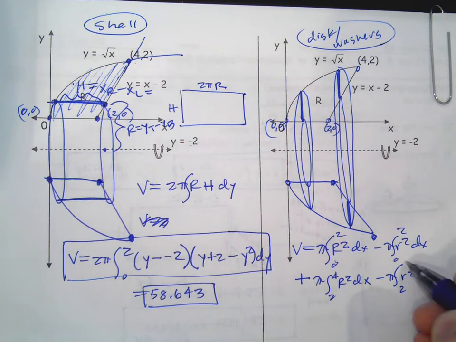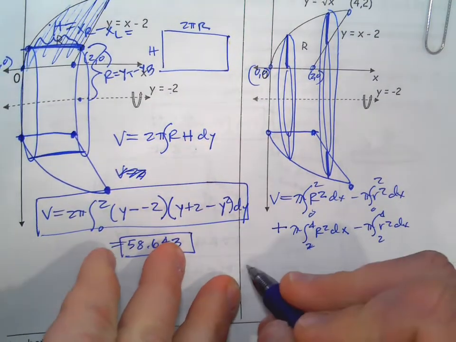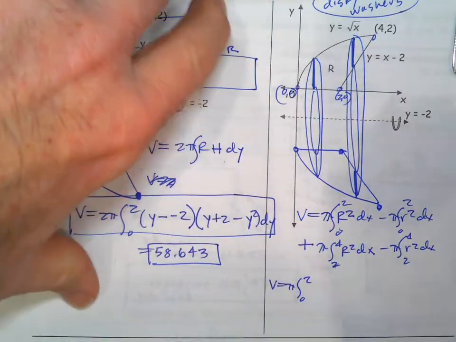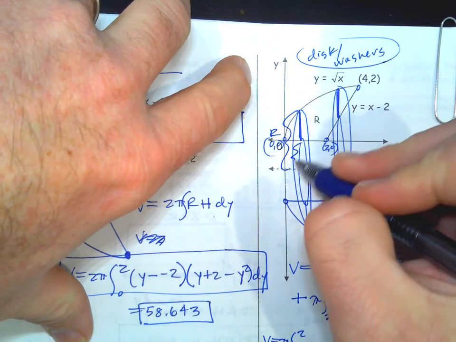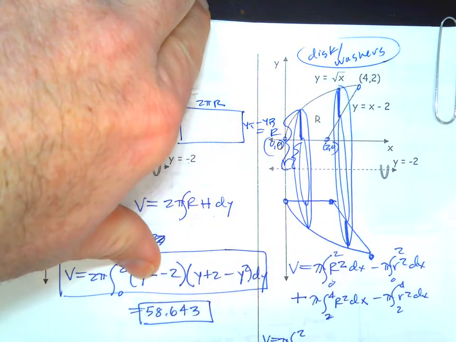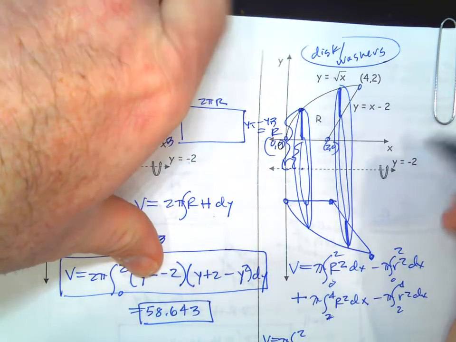Now, these big R's and little r's are not the same thing. This is just my really generic way of saying there's a big radius and a small radius. So for these first ones, this is your big R, and this is your little r, and it's y top minus y bottom. Y top in terms of x is the square root of x, minus y bottom is negative 2.